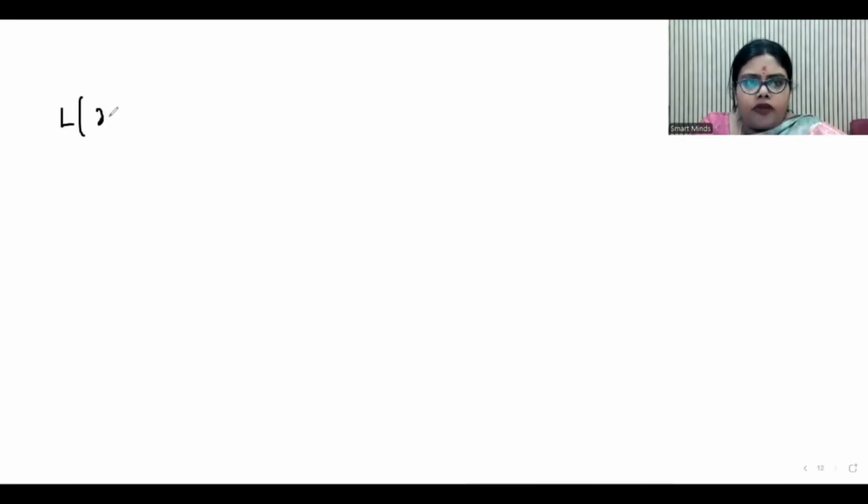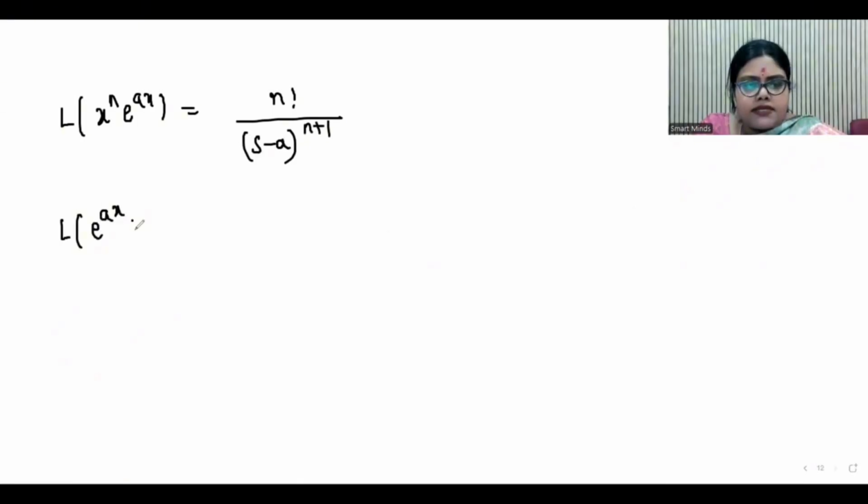Then L of x^n e^(ax) is n factorial by (s minus a)^(n+1). L of e^(ax) sin bx is equal to b by ((s minus a) whole square plus b square).